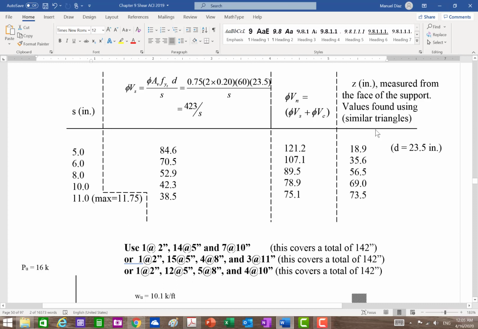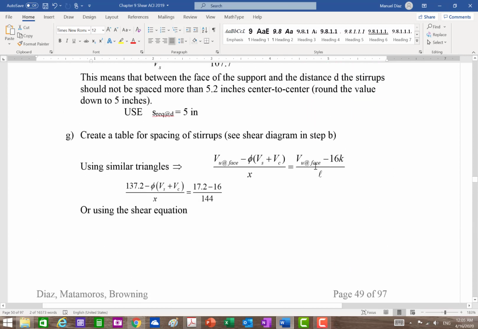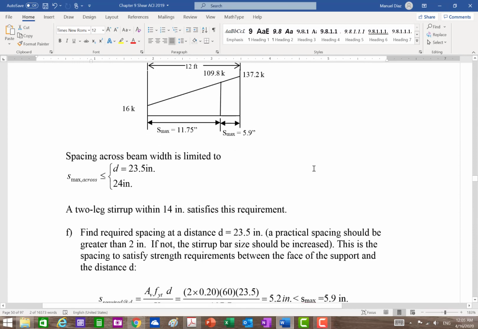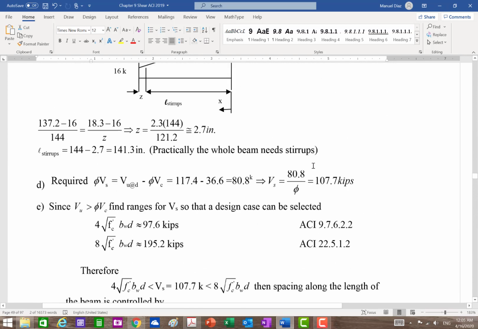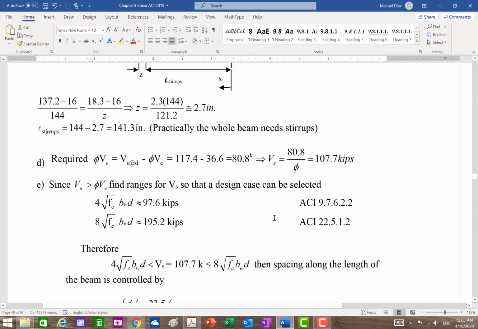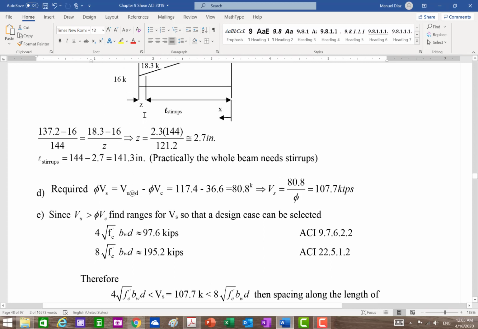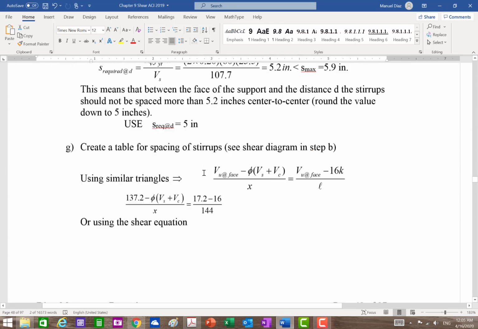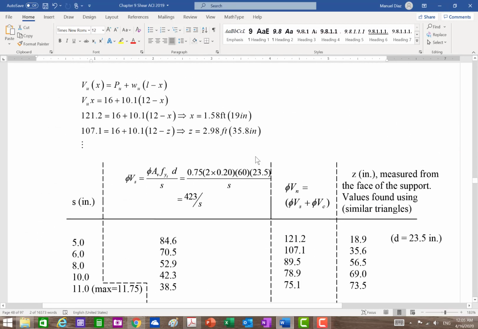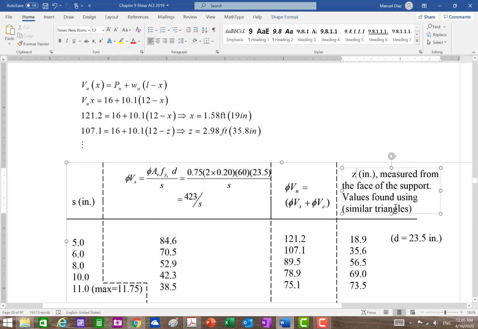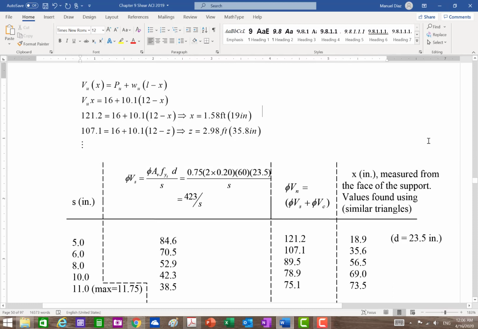Right? This value now, let's see, am I using Z or X here? Make sure that we get the right value. It says X. Okay, so here it says X. Right? The Z is this one. So from the face of the support, this is X. Okay, so that is X. I thought I had changed all these formulas.